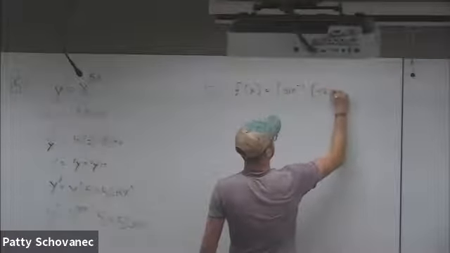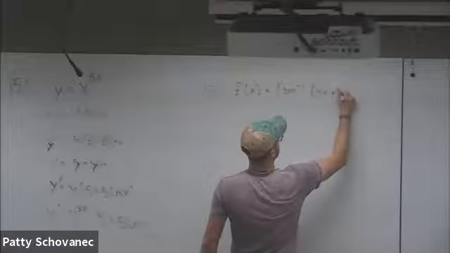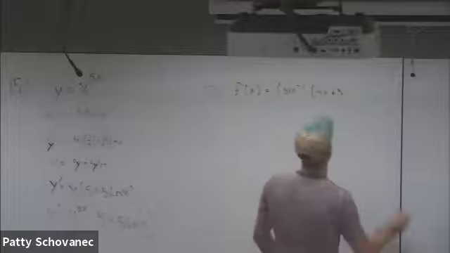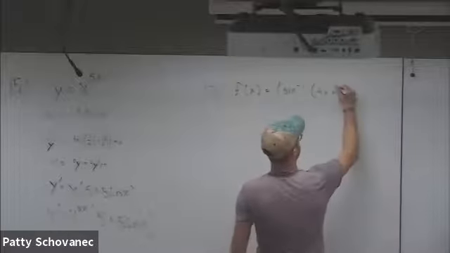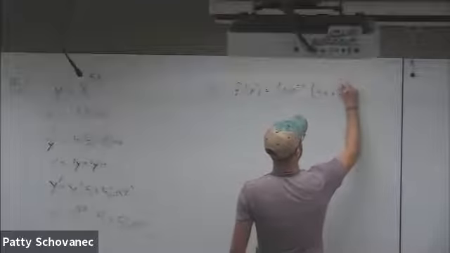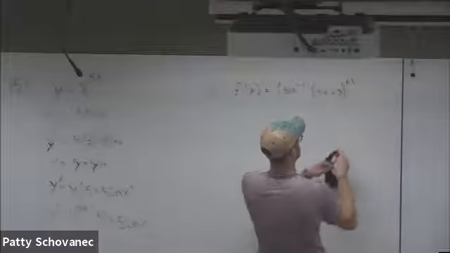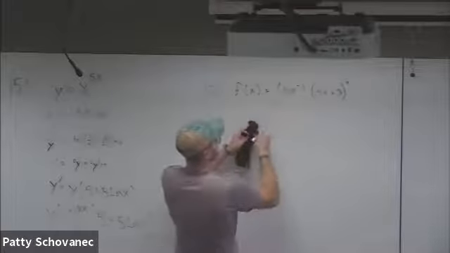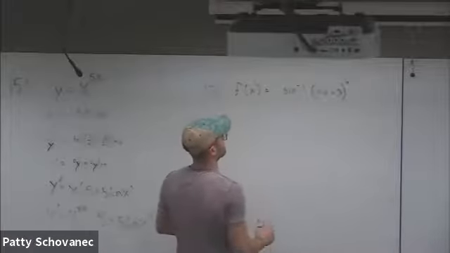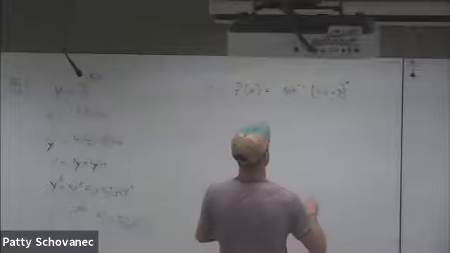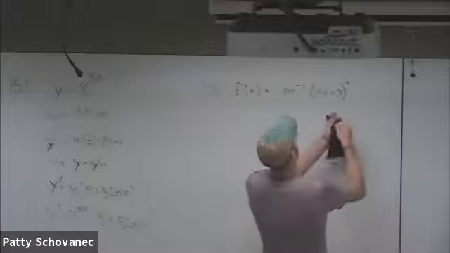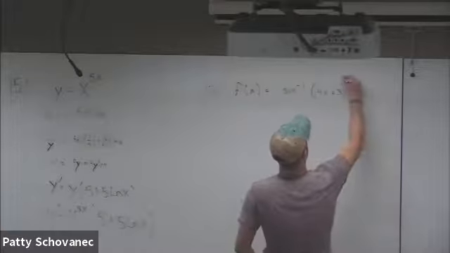4x minus 3? No, plus 3. Close parentheses, raised to the 8th, and then close all parentheses. No, the 8 is on the outside. So this starting parentheses isn't here? Yeah, that starting parentheses goes to the end, outside.